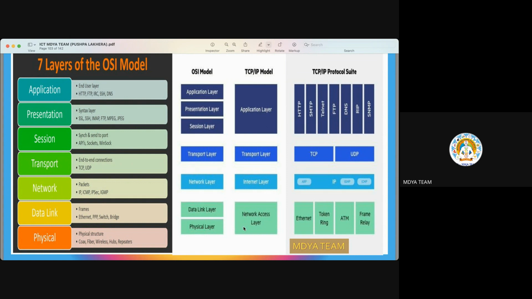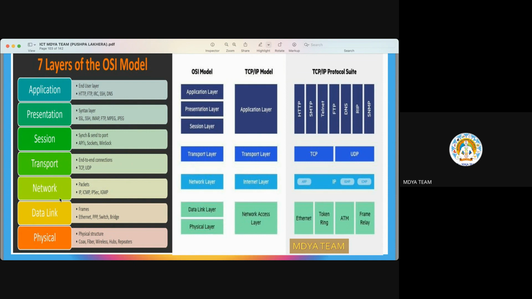So what do these layers do? The first one is the physical layer, where your system is physically connected to some device, whether it is coaxial cable or fiber or wireless or through hubs or repeaters. All these come under the physical layer. Then the data link layer, which is the network access layer, so you access the network through Ethernet or through some switch or through some bridges.